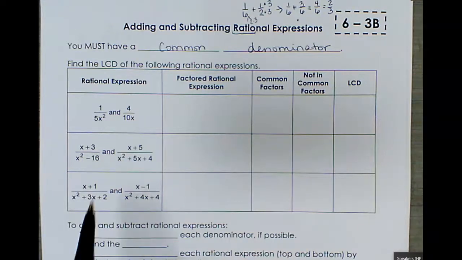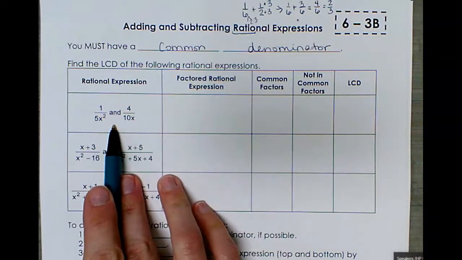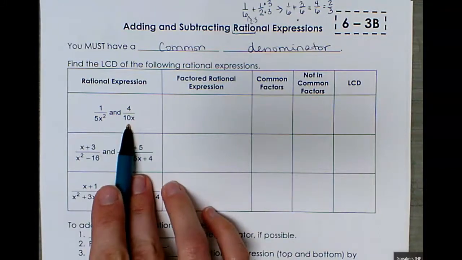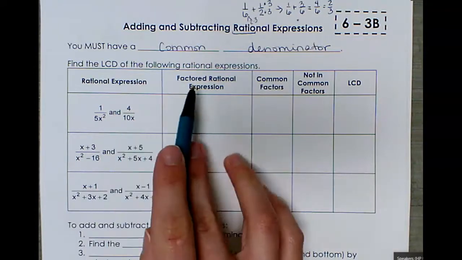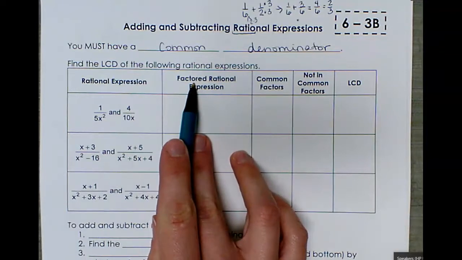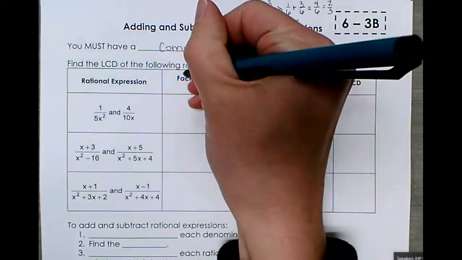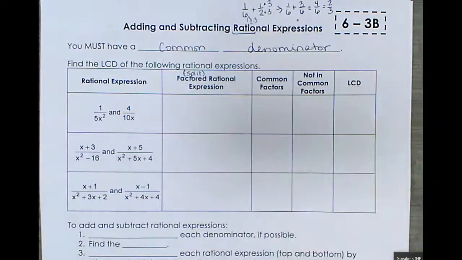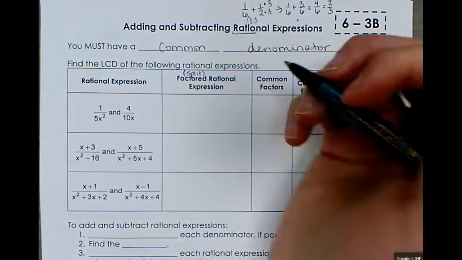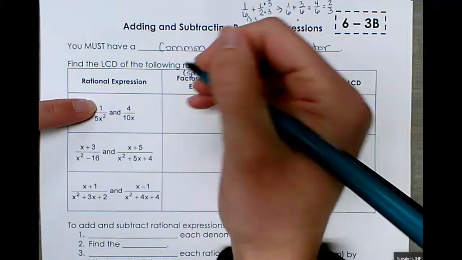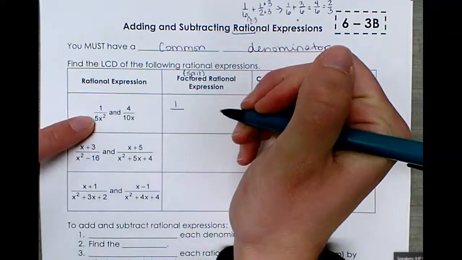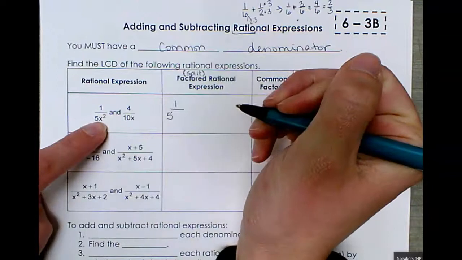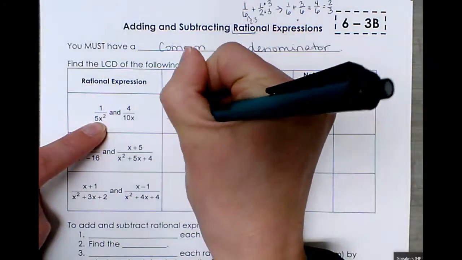So the first rational expression I have, if I were going to combine these two rational expressions, first I'd want to factor or split apart. Remember, to factor means to split or break apart the rational expression. So in the first ratio, we have a 1 on top, we have a 5 on bottom, and an x squared, so 5 times x times x.